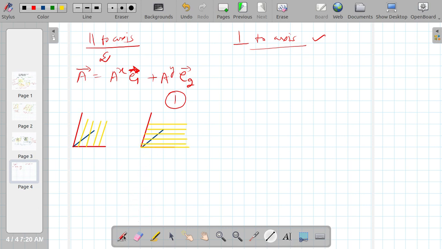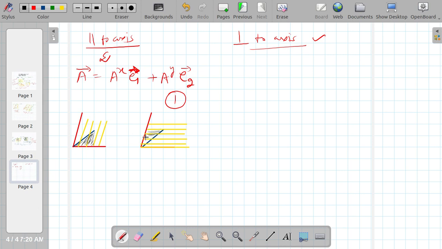So that means this is the shadow region which I am getting. This is the shadow region, and this is not the shadow region, but for this, because it is coming parallel to the y-axis, this is the shadow region.